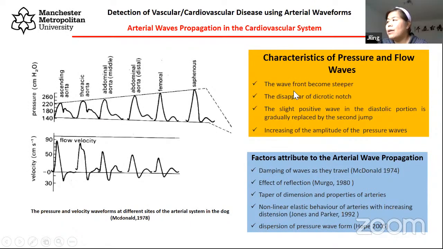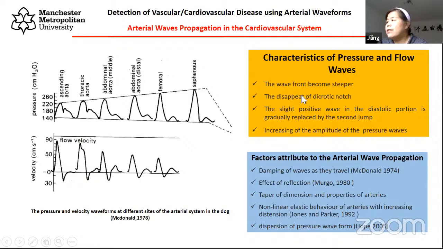From this one, you can see there are a few features we can recognize. One is that the wavefront becomes steeper. This is the pressure in the ascending aorta, and this is the pressure further downstream, and you can see the wavefront is quite a bit steeper than this one.